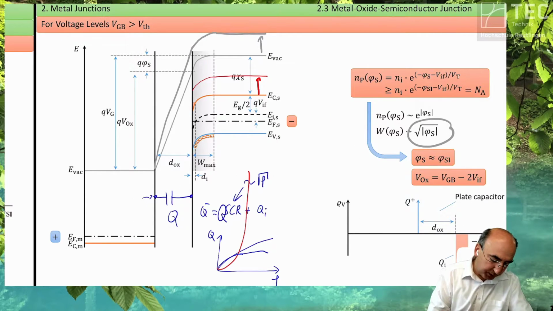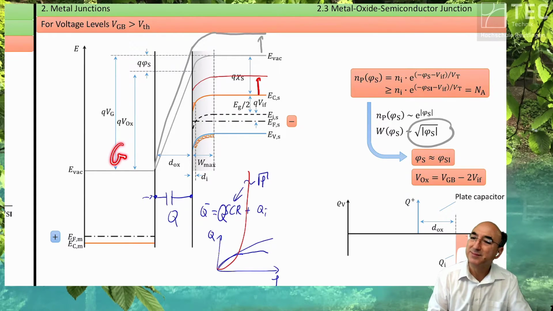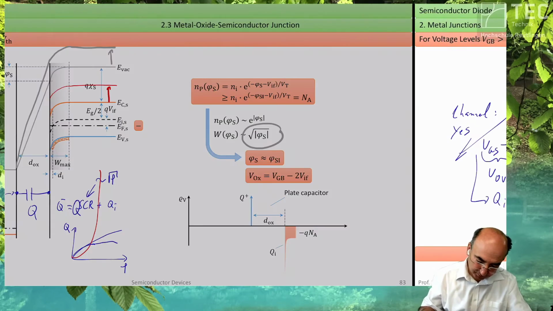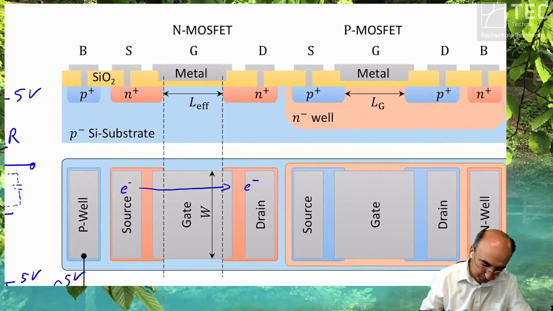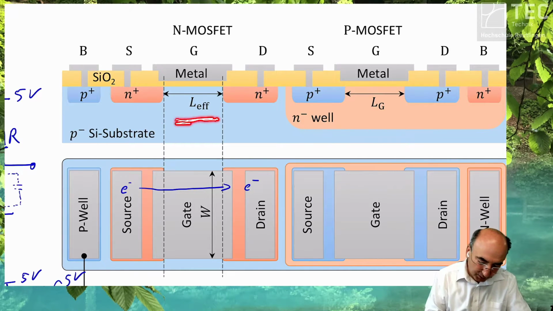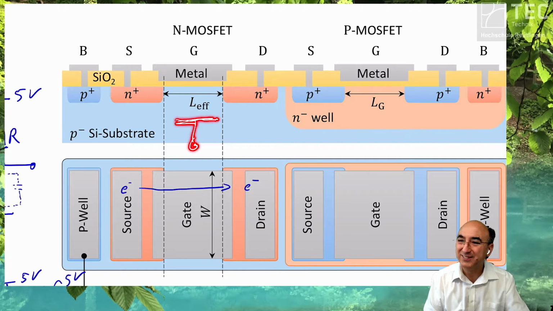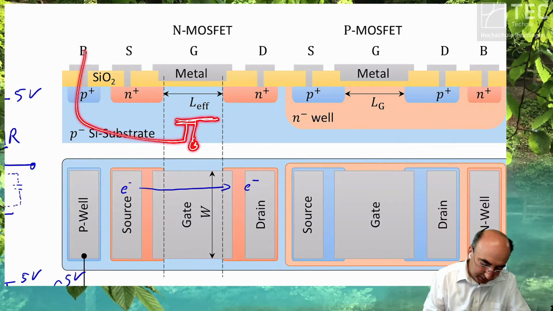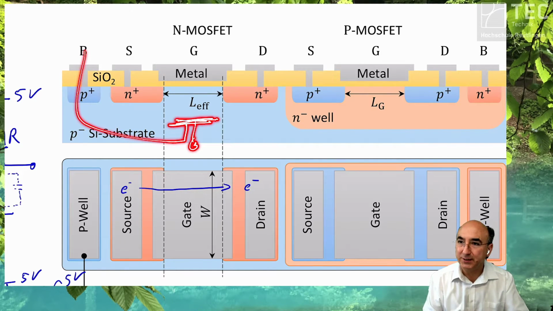We apply a voltage between metal, it's called gate, and the semiconductor. But where is this semiconductor? It's here, but there is no contact. You know, you have to control the backside of your transistor with this bulk.